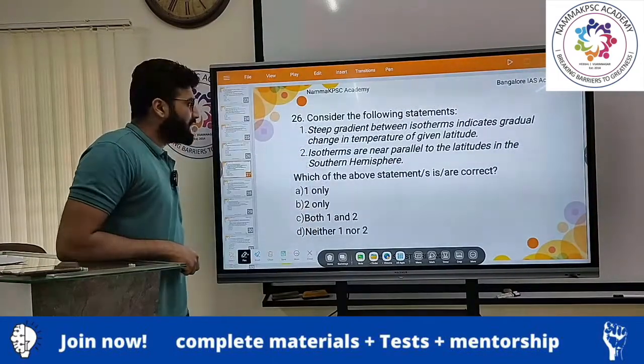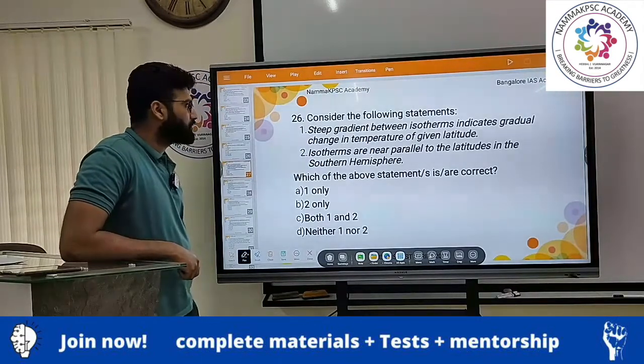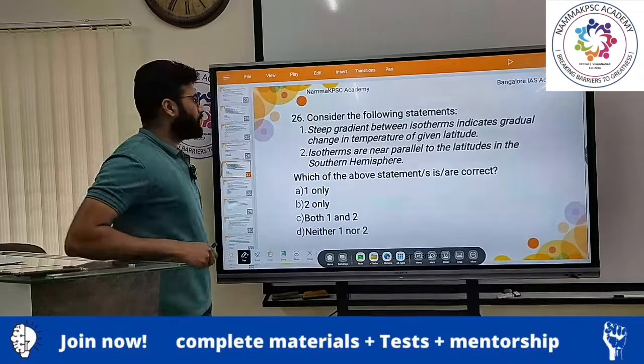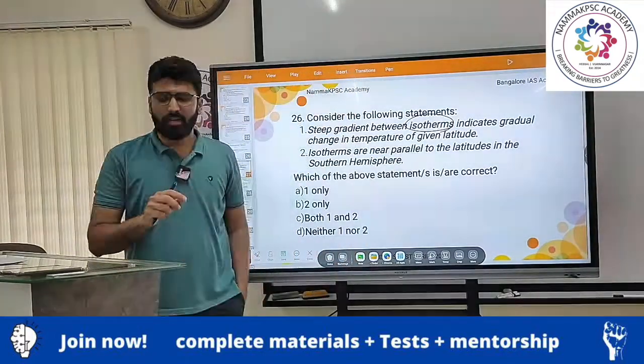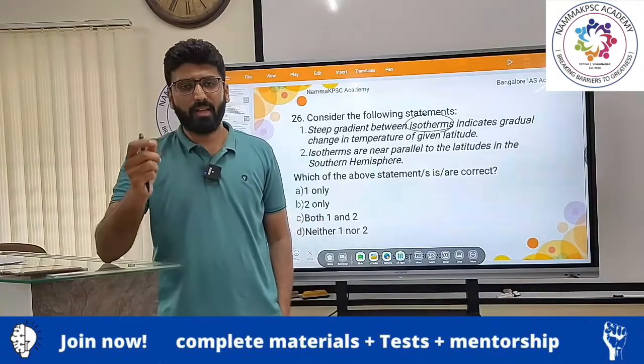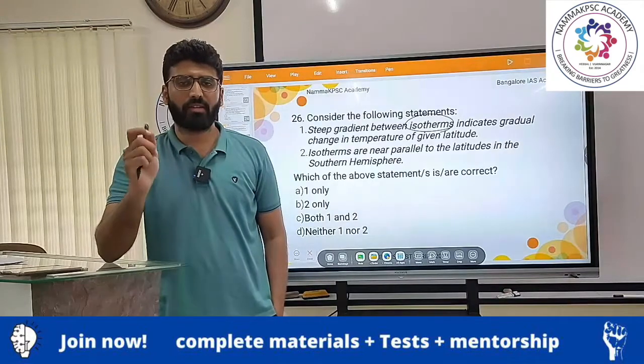26 says steep gradient between isotherms indicates gradual change in temperature of given latitude. So first you should know what are isotherms. Isotherms are imaginary lines on the map which join regions having the same temperature.